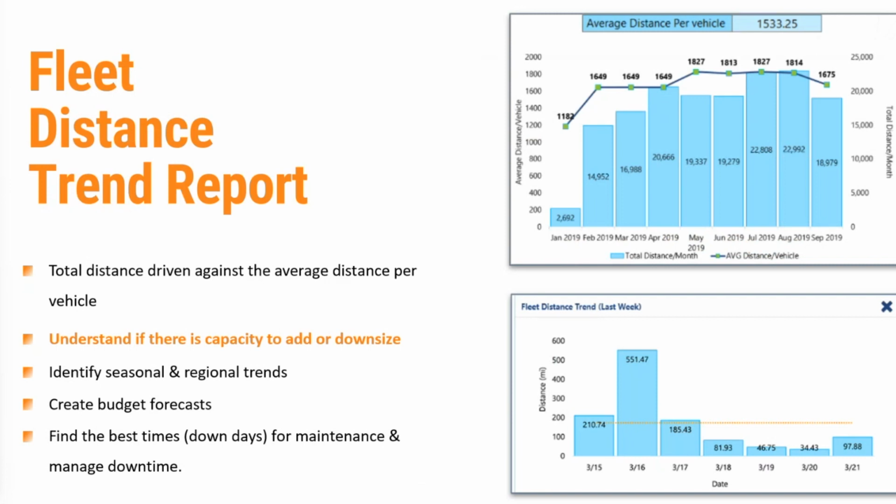So now let's quickly touch on the fleet distance trend report. The fleet distance trend report shows the total distance that is driven against the average distance per vehicle, and it conveys the business climate, allowing fleet managers to use accurate measurable data to compare each asset to itself and to the rest of the fleet assets based on trends and make proper planning as to a way forward that will have the business interest.